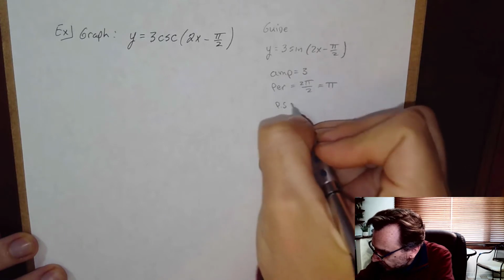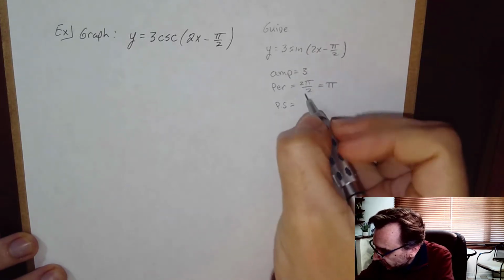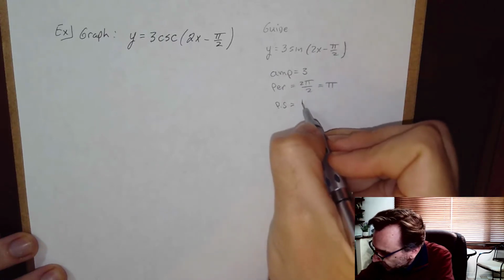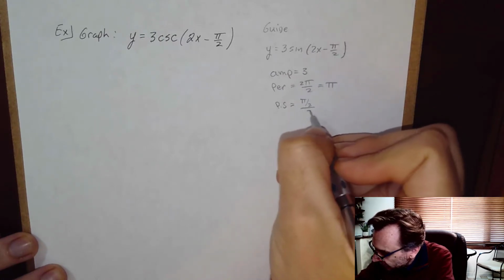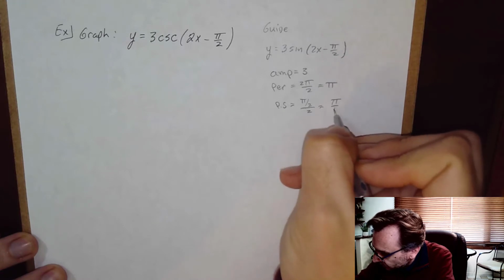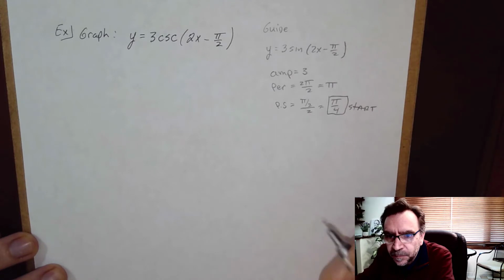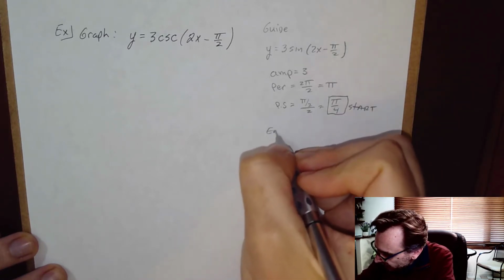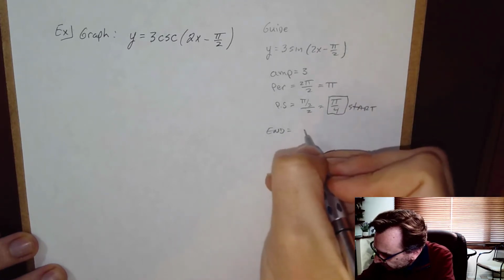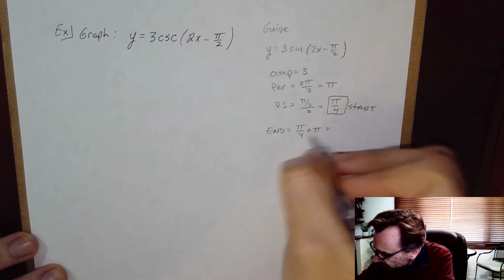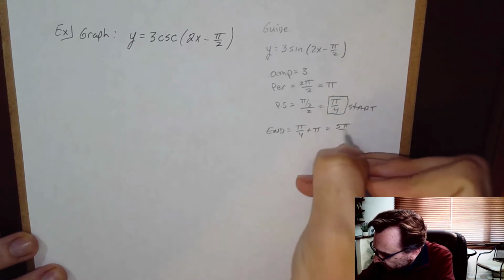The phase shift is phi over omega, so I see that this has a shift to the right, so the phi is pi over 2, and the omega is 2, and so the phase shift is pi over 4. Right, so that's going to be my starting point. And then my end is going to be the phase shift, which is pi over 4 plus the period. Right, so my ending point here is going to be 5 pi over 4.